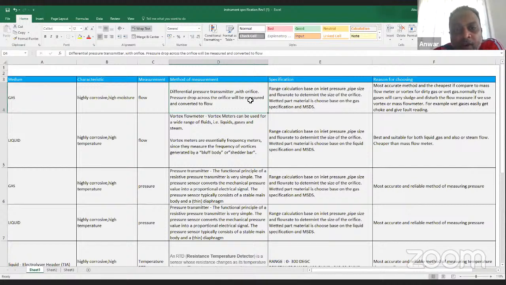We will give our piping design, the size of the piping, everything, and they will basically help us get the right sizing of the orifice, and all those calculations of pressure drop and converting those into flow will be embedded accordingly into the instrumentation system.